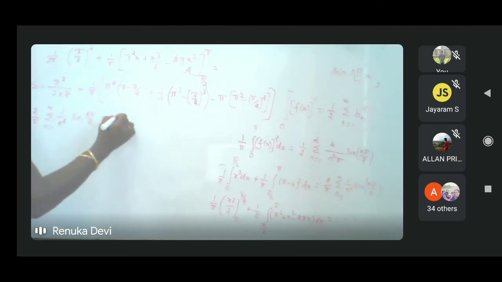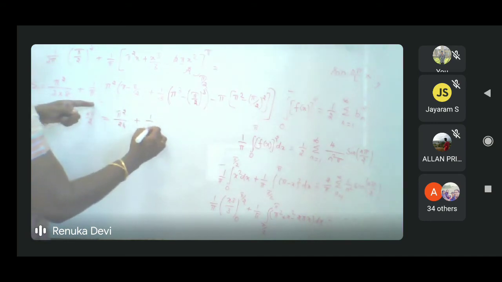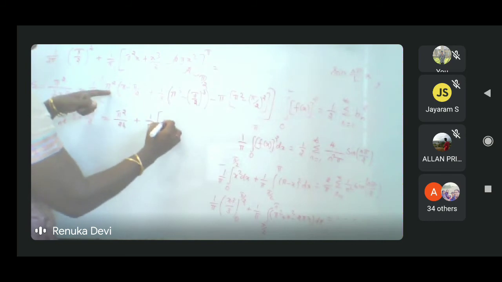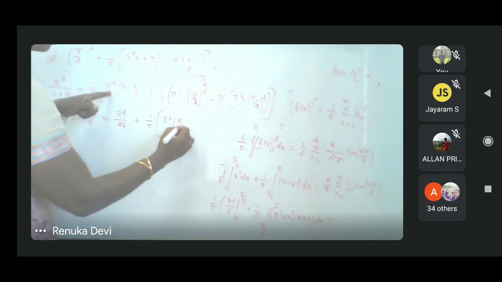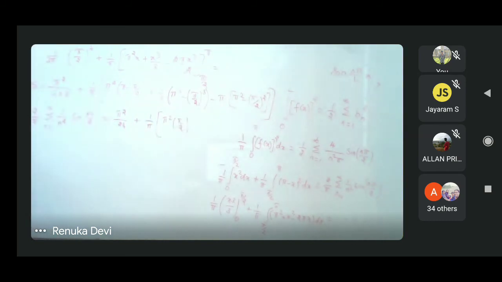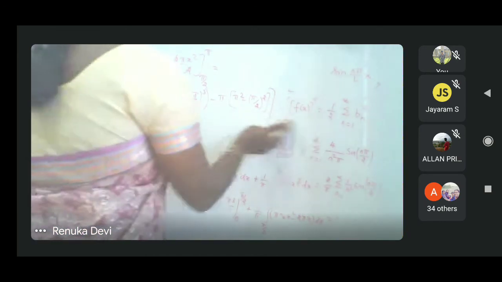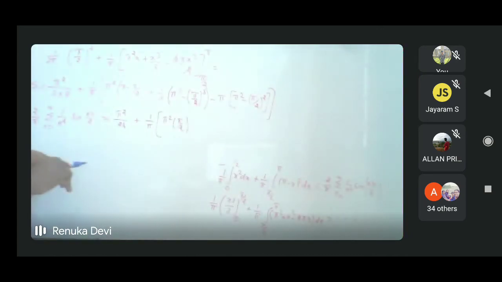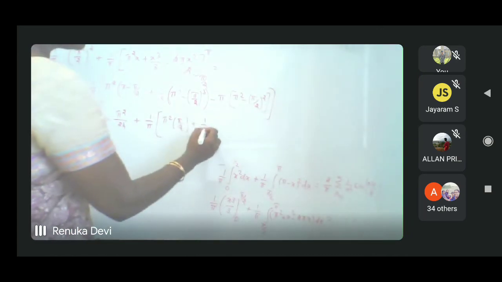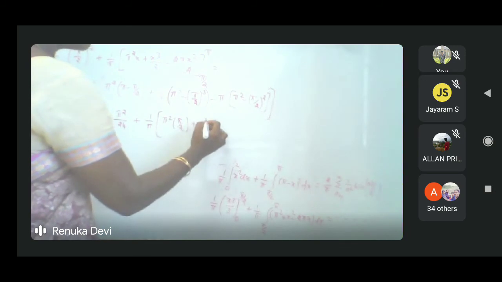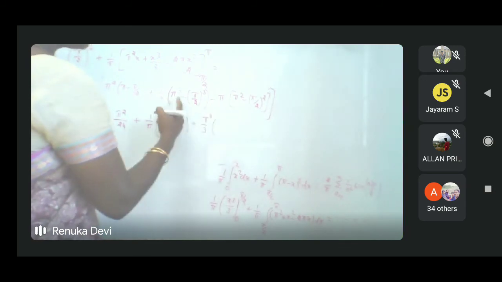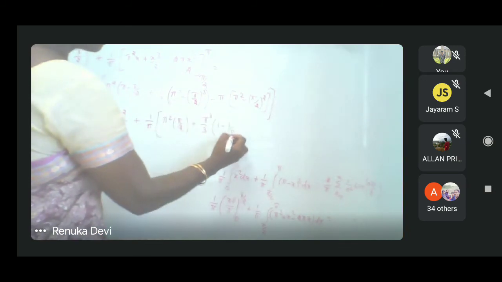This is pi square by 24 plus 1 by pi into, this is pi squared into pi by 2, first term. Plus 1 by 3 into, I can take pi cube outside, so 1 minus 1 by 8.